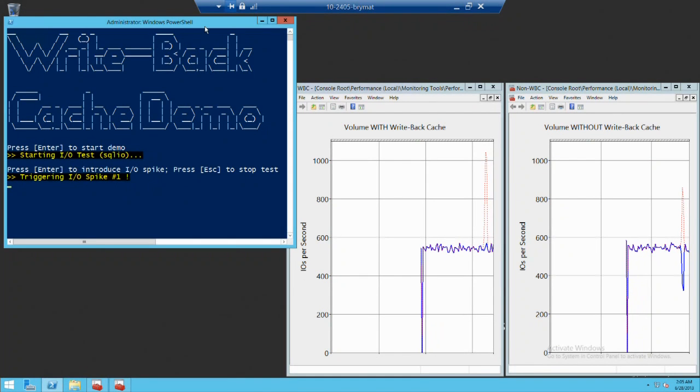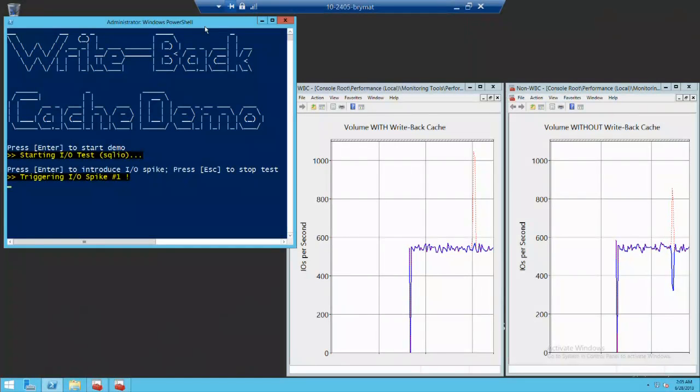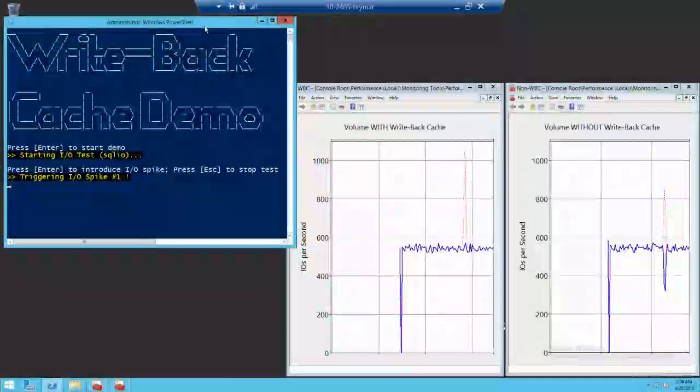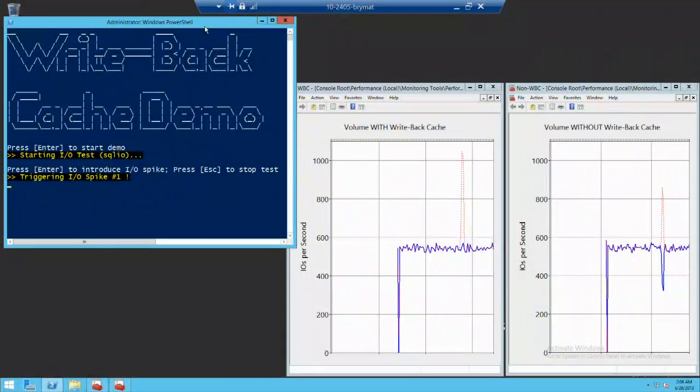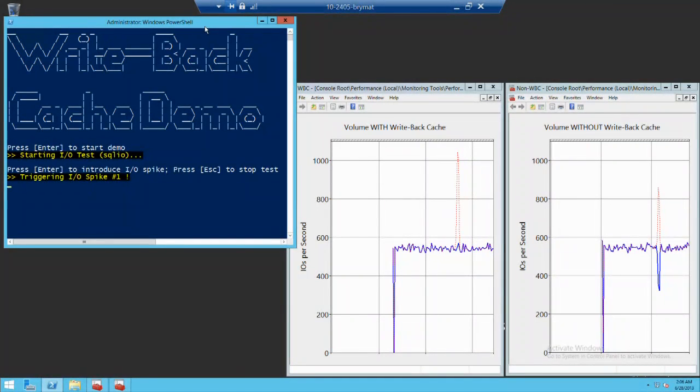Firstly, you can see the dotted red line jump on both volumes, indicating more overall work was done. Okay, work from my blue line workload and work from my write spike. The volume without a write-back cache, when I did that write spike, there was a dramatic dip in the performance of my SQL I/O workload, meaning that write spike affected the performance.